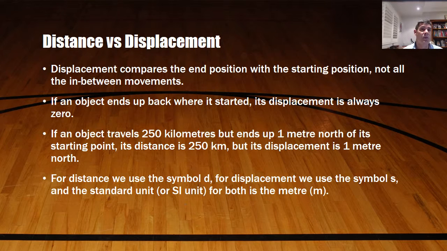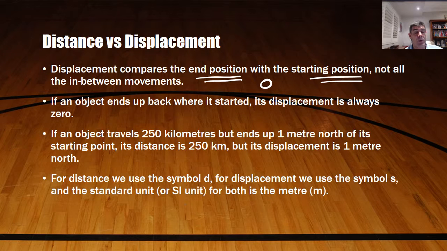To go into a little bit more detail about distance and displacement, we actually need to start understanding how different objects move. Because displacement compares the end position with the starting position, it is possible that we can have a very large distance covered and yet a displacement is equivalent to 0.